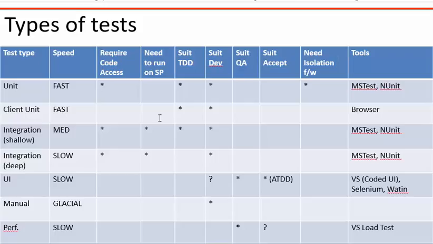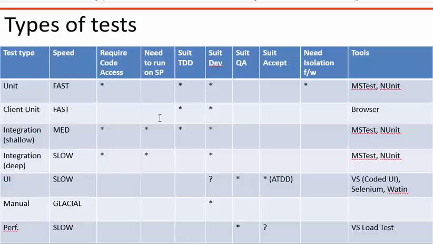Now, test-driven development uses unit tests, as opposed to some of these other types of tests, such as performance tests or UI tests, which are the sort of tests that a quality assurance person might do for acceptance tests. They might well do a UI test where they test end-to-end against the user interface of the SharePoint site.